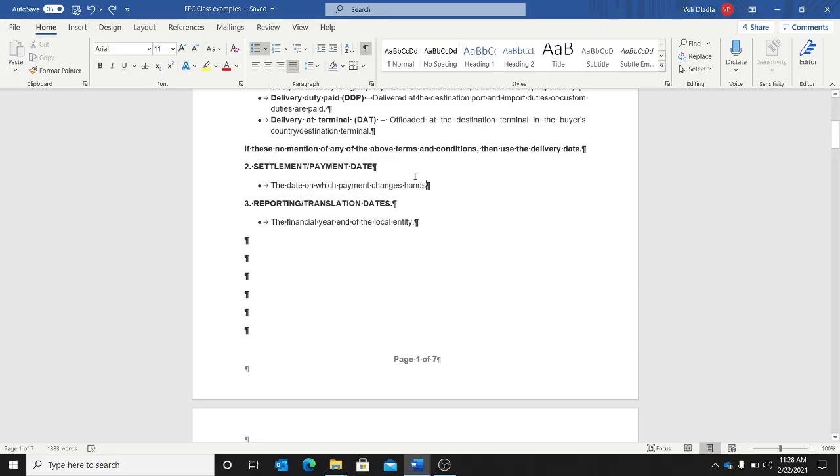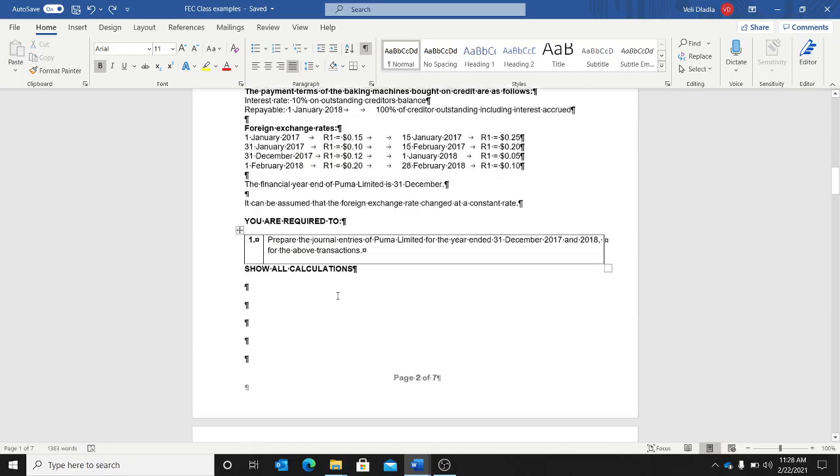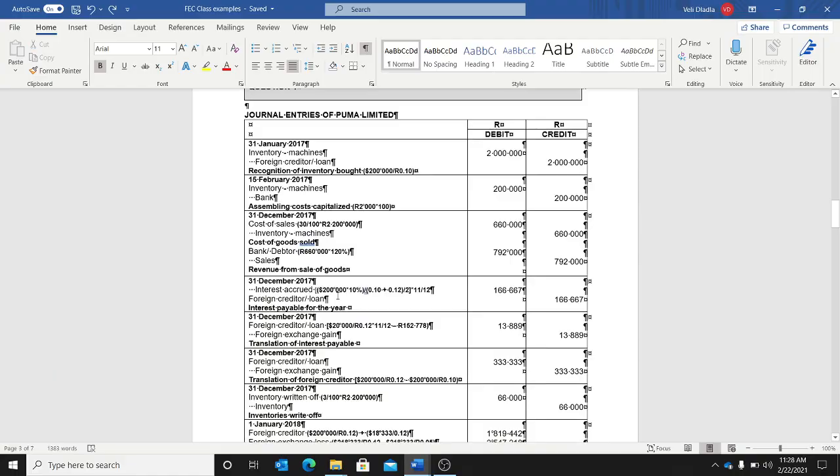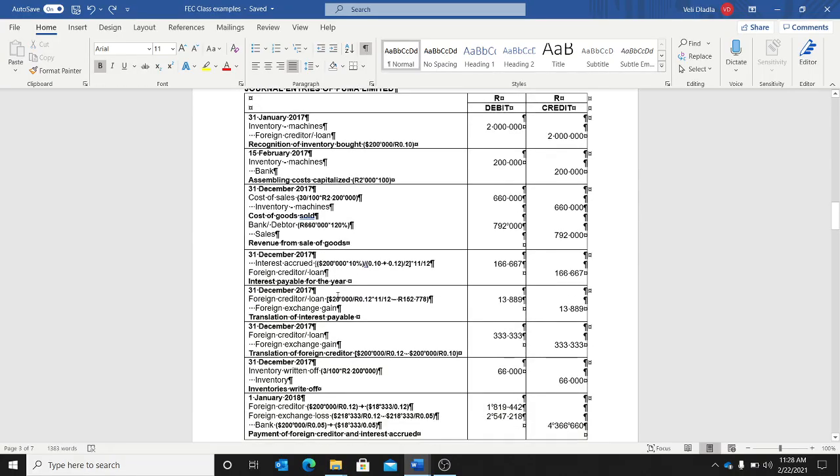This one becomes number 3, because the payment is after the year-end translation date. Now, the rule is that when you reach year-end and you find out that you have not paid a foreign creditor, you must restate the amount at the new rate. Okay, that is the rule.